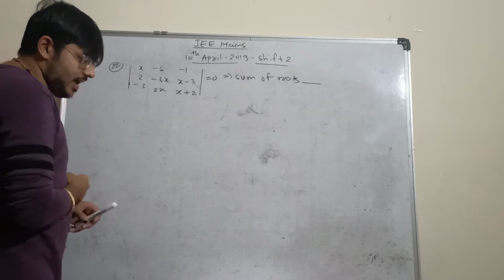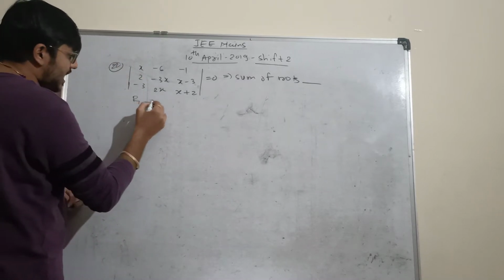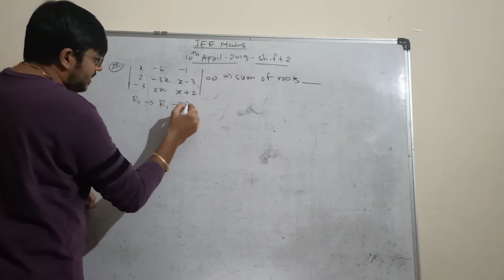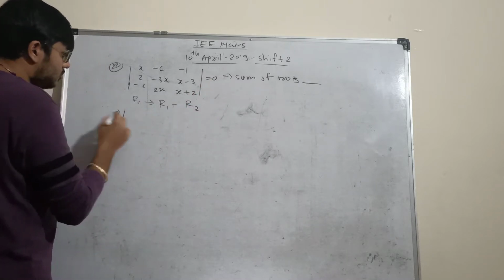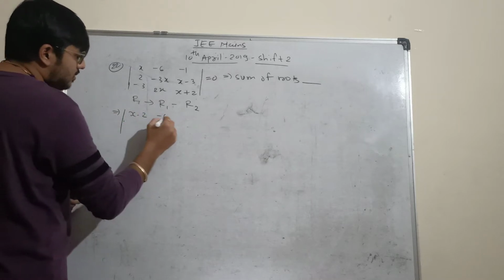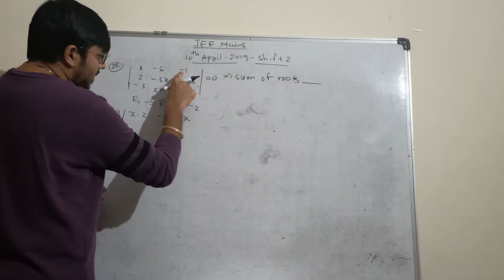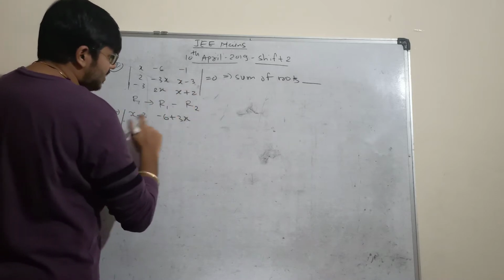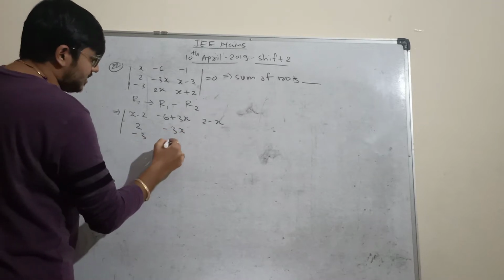So I can take x minus 2 common, right? So let's go with the first operation, which is R1 to R1 minus R2. It is x minus 2, minus 6 plus 3x, and minus 1 minus x plus 3, that is 2 minus x. The remaining terms are as they are.